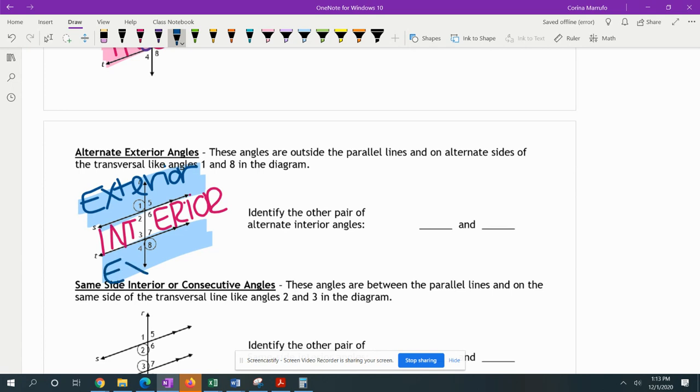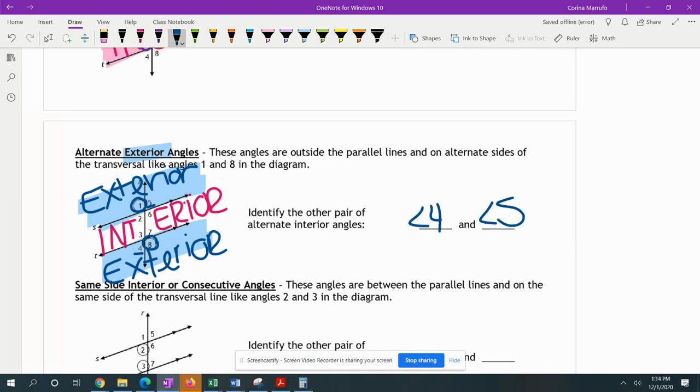So we're not worried about the interior. We're worried about the exterior because they're alternate exterior angles. Now, alternate means on opposite sides of the transversal. So 1 is on the left of the transversal, 8 is on the right side. The other pair of alternate exterior angles would be 4 and 5.